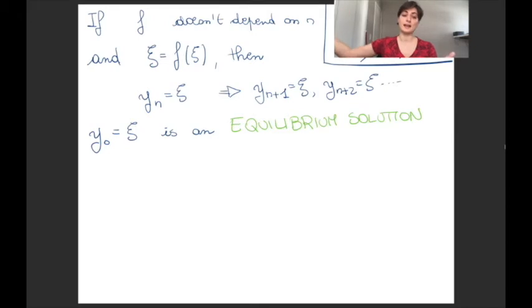Every single thing after that is going to be equal to xi. So if you start with y_0 equal to xi, you're going to stay there forever. It's an equilibrium solution, the equivalent of the continuous equilibrium solution.